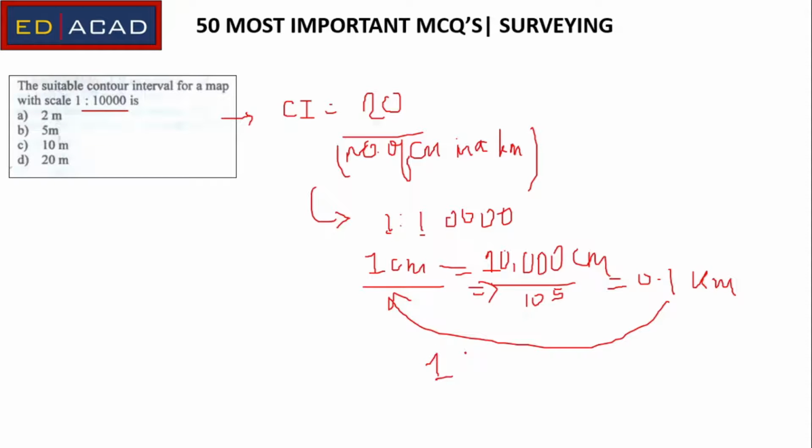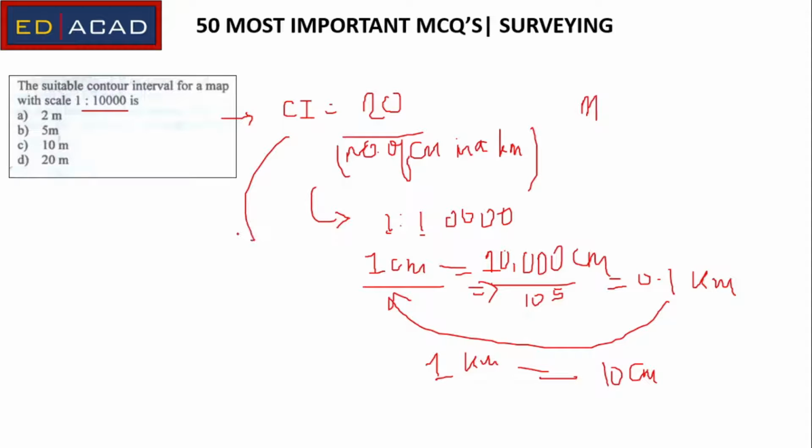So in 1 kilometer how many centimeters will we have? So we need to multiply this by 10. So we will get 10 centimeters, and this unit is meters, like 20 divided by number of centimeters in a kilometer, and this contour interval will come in meters. Now let's put this 10. So in 1 kilometer we have got 10 centimeters.